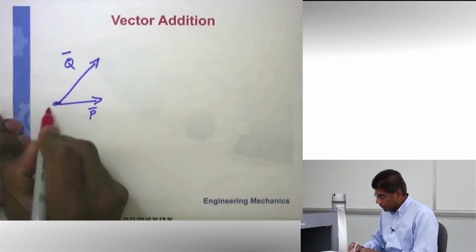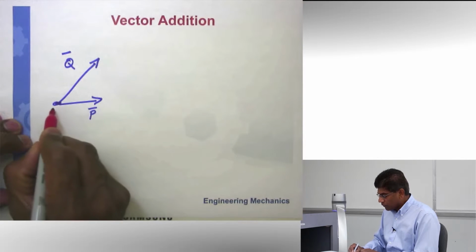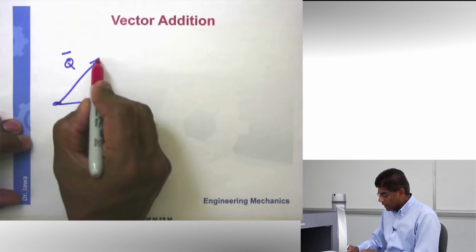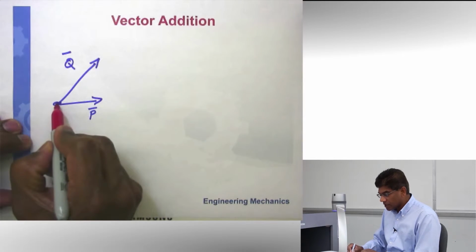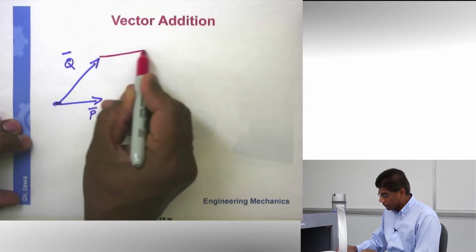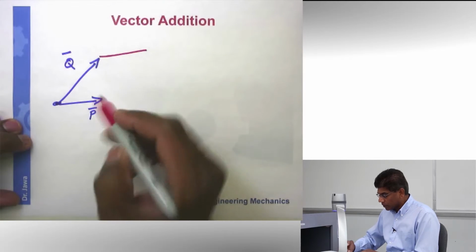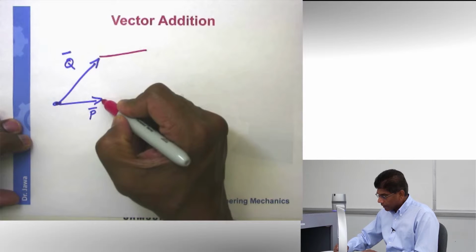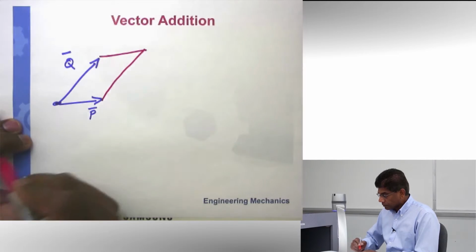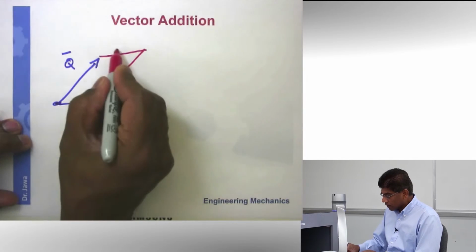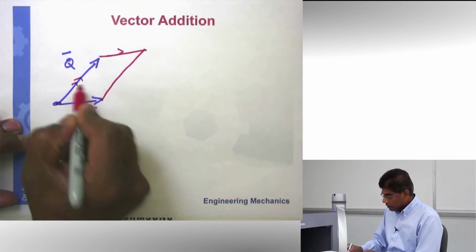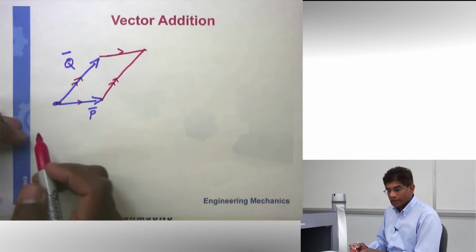So what I do is I'm going to draw a line parallel to vector P from the head. This is the head of a vector, this is the tail of the vector. I'm going to draw a line parallel. Similarly, I'm going to draw a line parallel to vector Q from the head. Okay, so this is parallel to this. This is parallel to that.